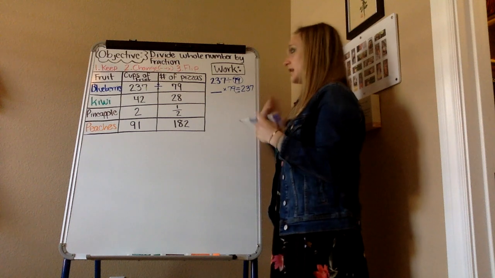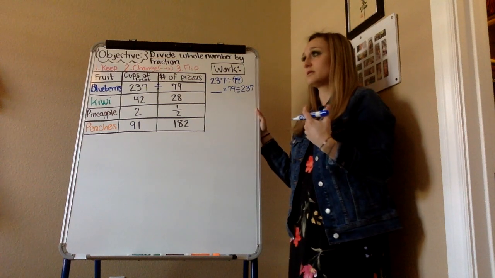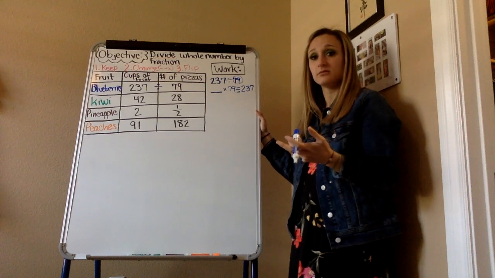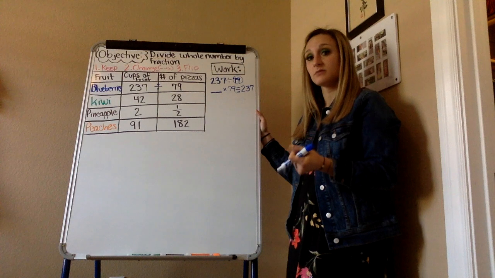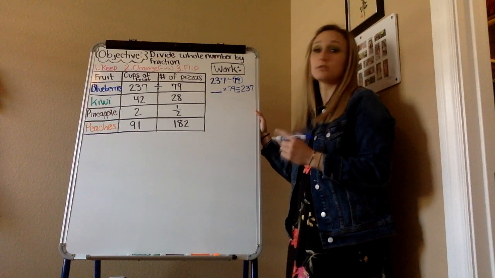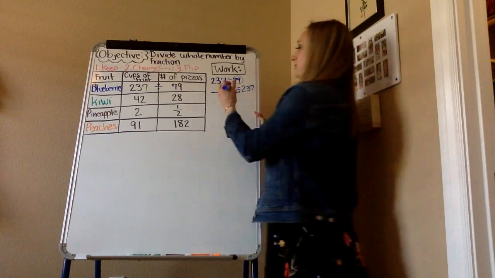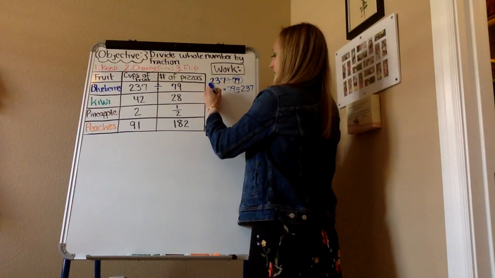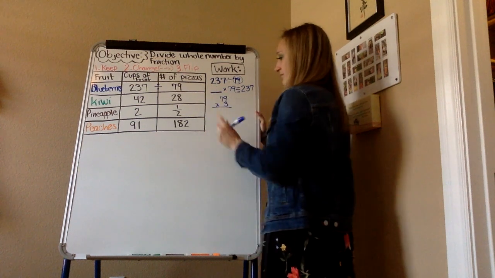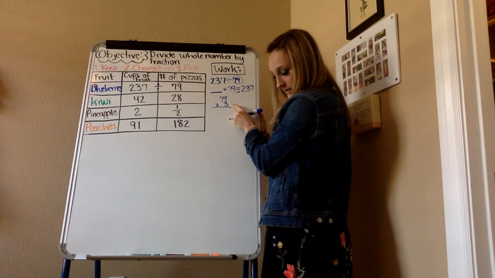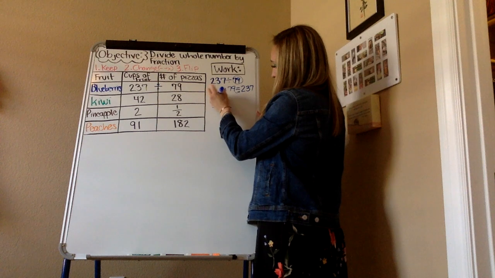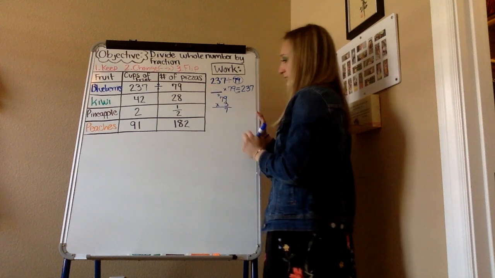So I'm going to start with something really low. I know if I did, let's say, 70 times 2, 7 times 2 is 14. That'll give me 140. That's too low. So it needs to be higher than 2. So I'm going to try 79 times 3. 9 times 3 is going to give you 27.